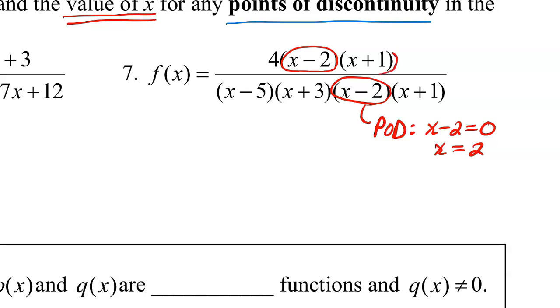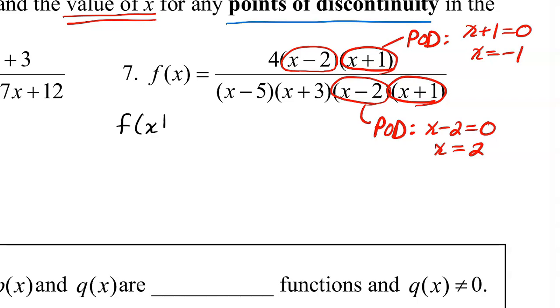And then we have x plus 1 is going to divide with this x plus 1. So that tells you you have a point of discontinuity when x plus 1 equals 0. So that would be x equals -1. And when the dust is settled, our final simplified version of the function would be 4 over (x minus 5)(x plus 3). Notice there are no more factors to divide out.